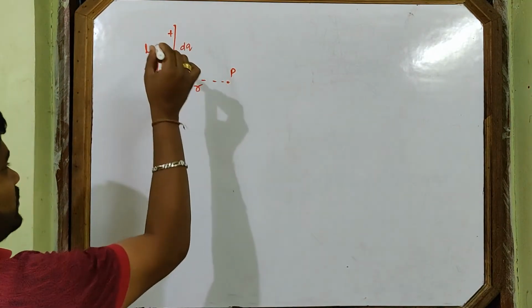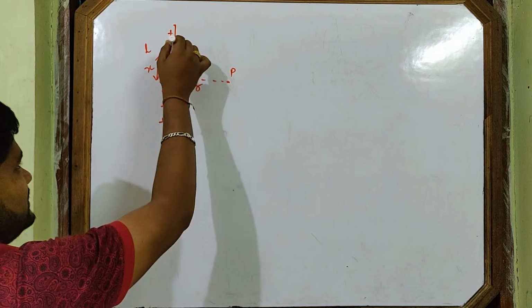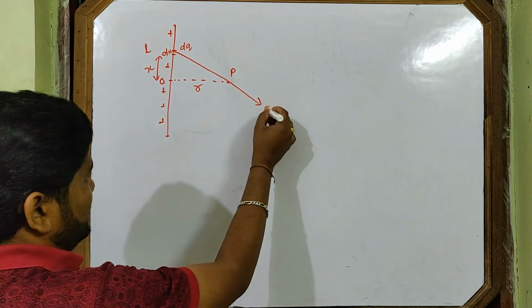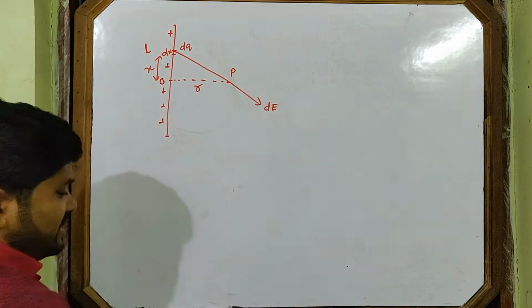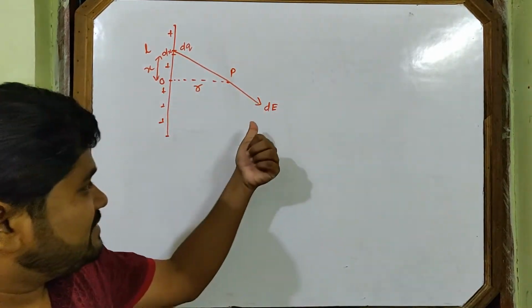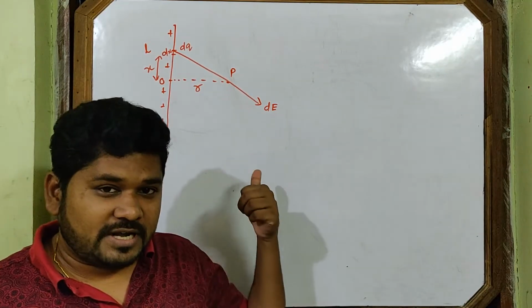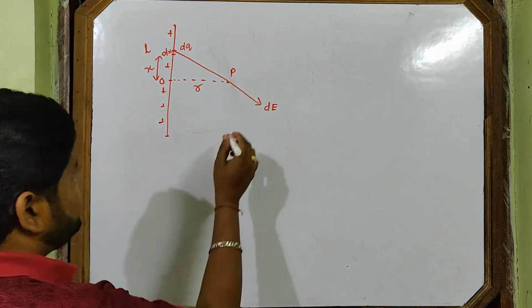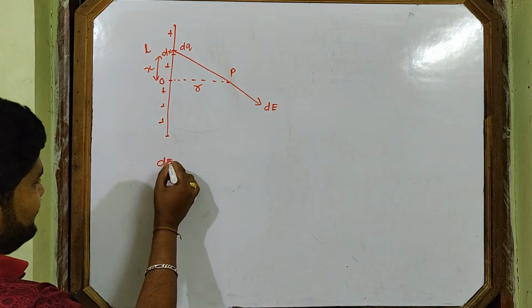Due to this small section, what will be the direction of electric field at P? Towards or away? It is obviously away because it is positive charge. And the electric field is also small, so I wrote here dE. Then what is the expression of this dE?